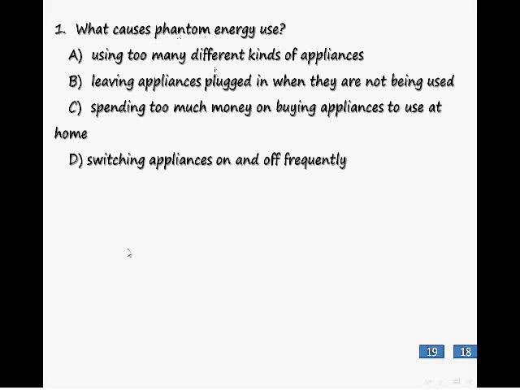So we have here number 1. What causes phantom energy use? A, using too many different kinds of appliances, leaving appliances plugged in when they are not being used, spending too much money on buying appliances to use at home, or switching appliances on and off frequently.